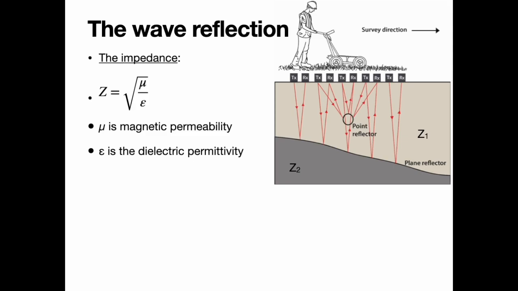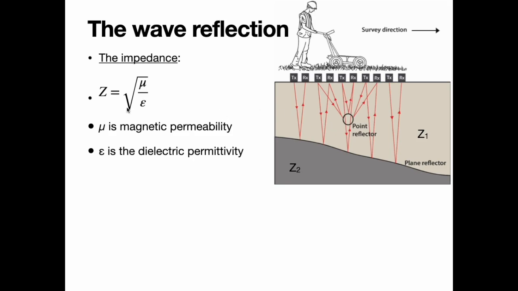So since we have these different materials with different velocities, we will have a contrast of impedance between the different materials. So again, that's a picture of the subsurface. You see the boundary between two materials. Above, there's someone going around with a georadar, emitting and receiving waves, and these waves are traveling through these different materials.